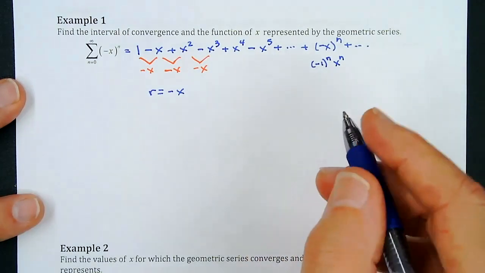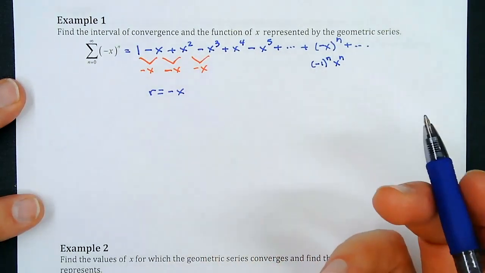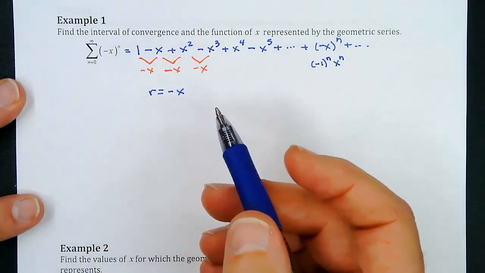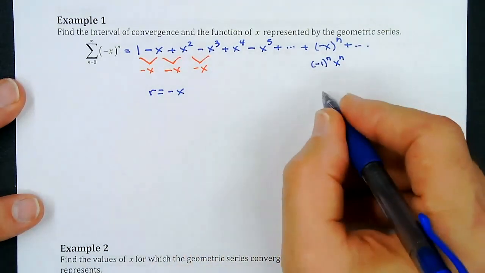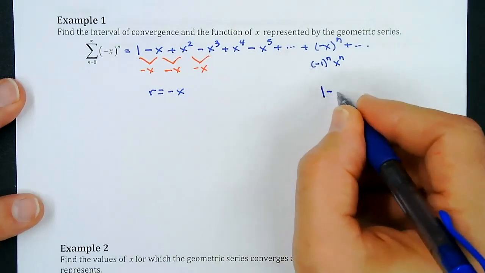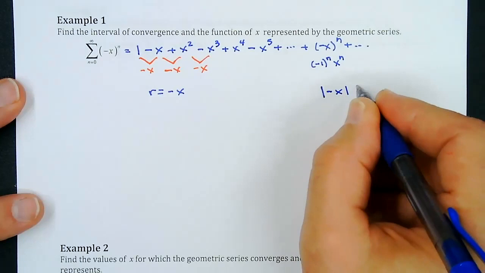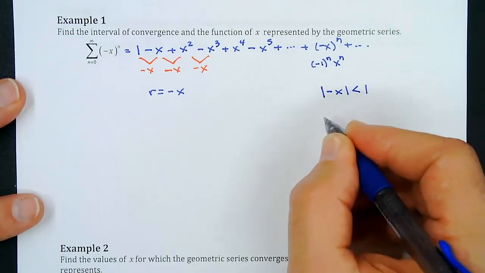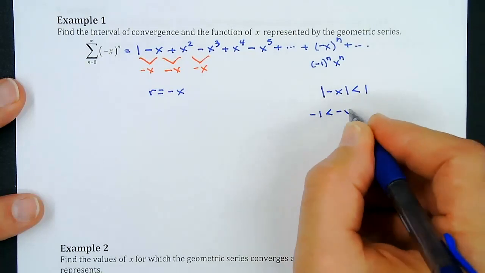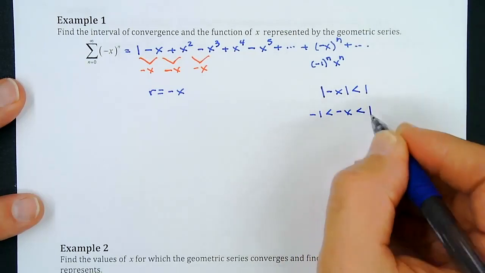And so what's the interval of convergence? Well, it's this r value. The absolute value of r has to be less than 1. So what we have is the absolute value of my r, which in this case is negative x, has to be less than 1. That means negative 1 is less than negative x, which is less than 1.